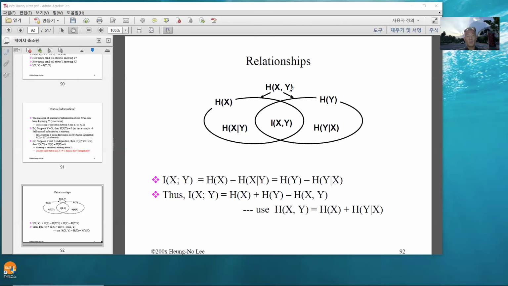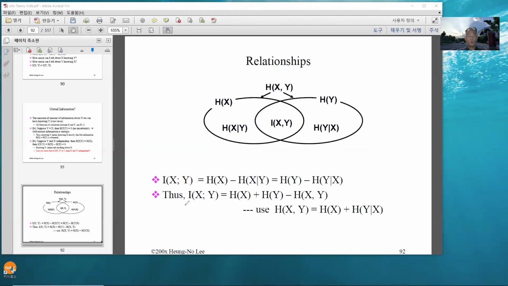And H of X and Y does not count this part twice, because it is H of X plus only this part, or H of Y plus only this part. This part is not counted twice in the joint entropy.